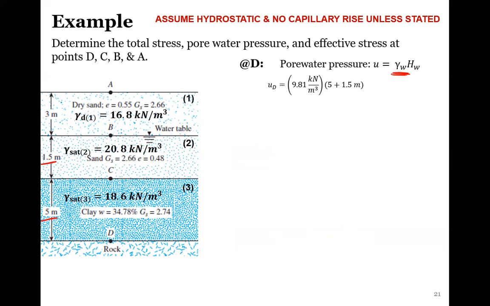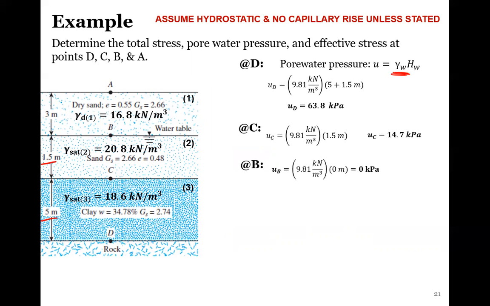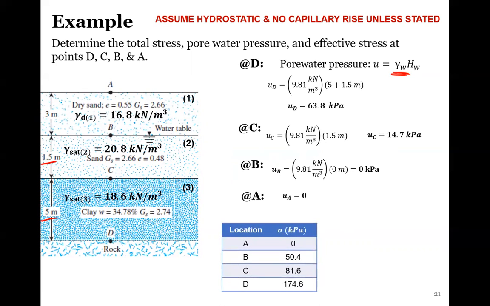Sorry, meters, not feet. And at point C, 1.5. At point B, since we're at the groundwater table, we have no height of water above us, so that's 0 kPa, and obviously at point A, we have 0. And this is what we're given here. So we have our pore water pressure.